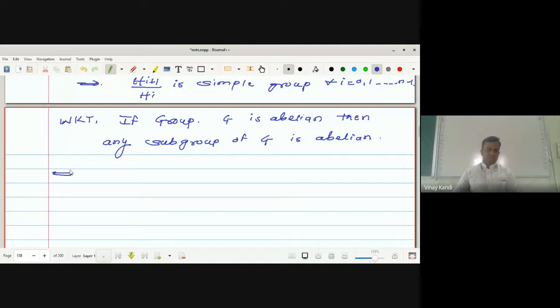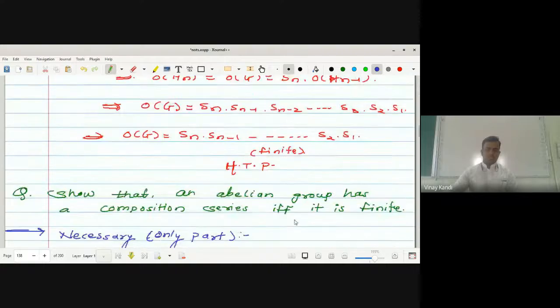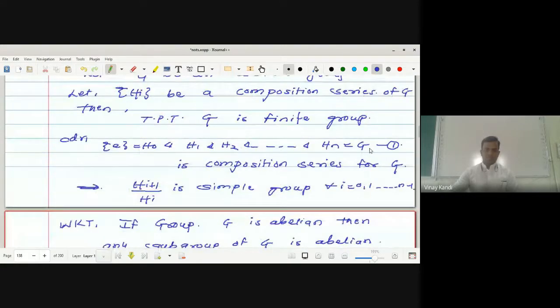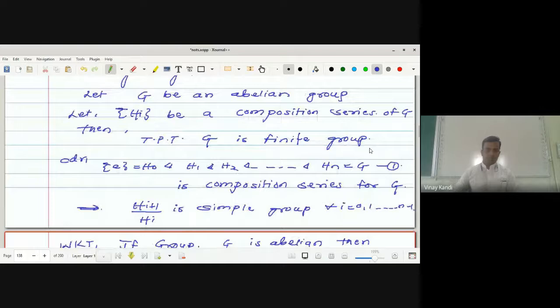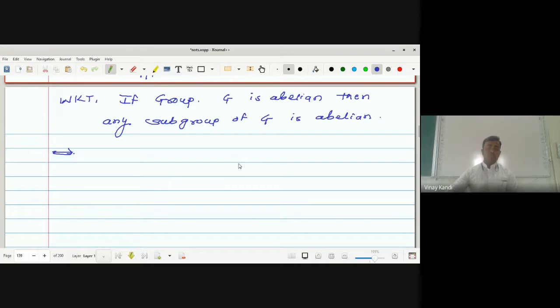So that implies, G is what? Abelian. Every subgroup is what? Abelian. Okay, factor group of abelian is again abelian.